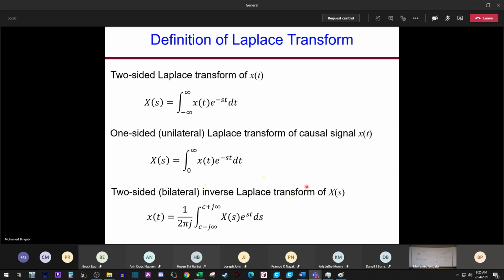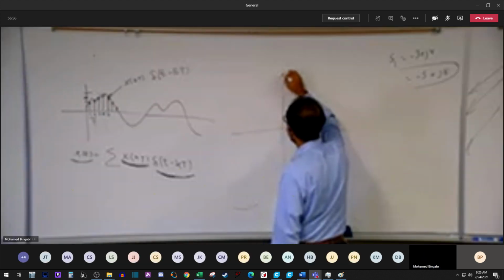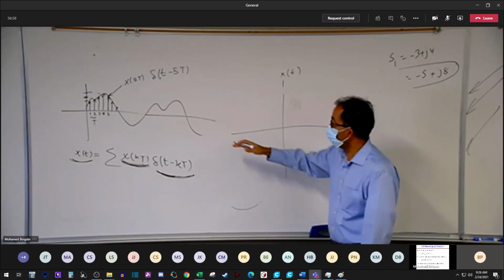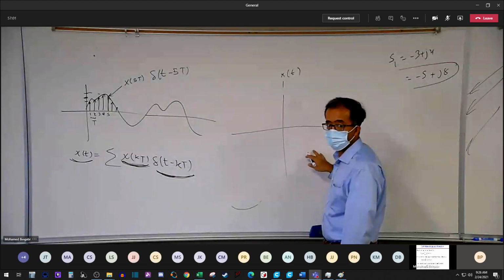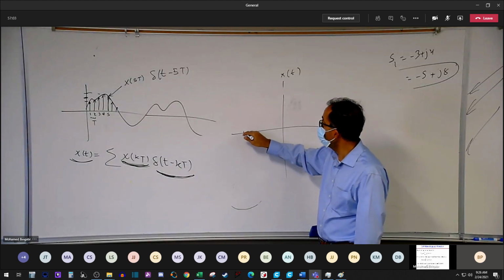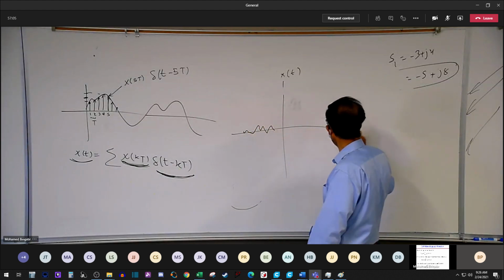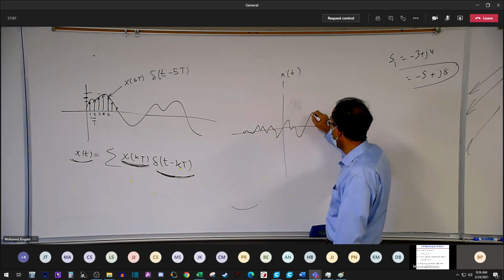Now let's look at the definition of the Laplace transform. When we say two-sided Laplace transform, it means the signal x of t exists from minus infinity to positive infinity, or it has a value at negative t and positive t.